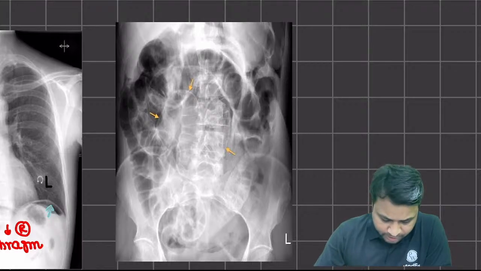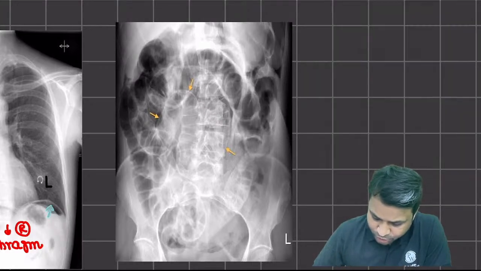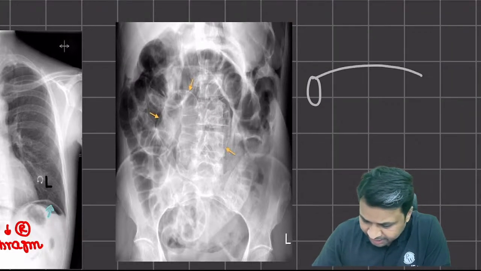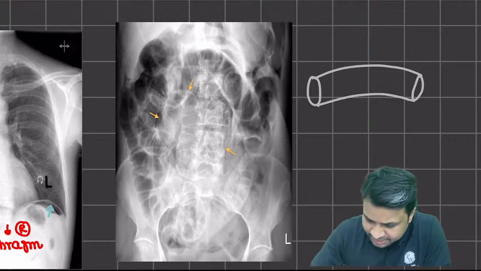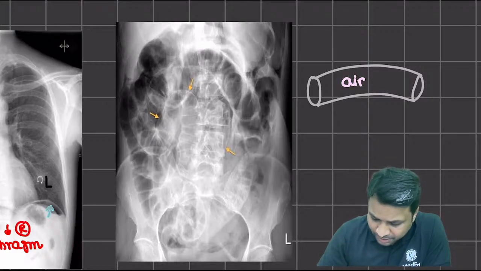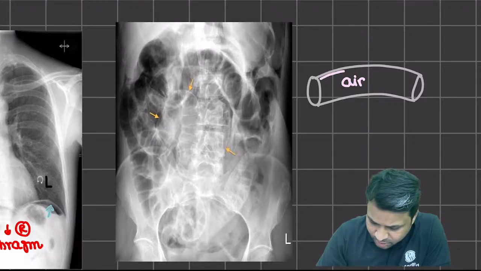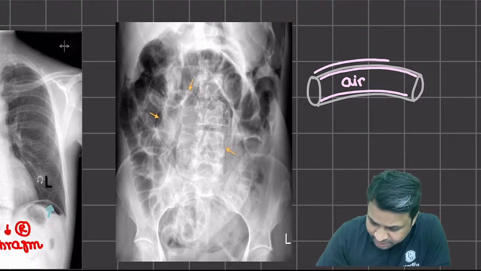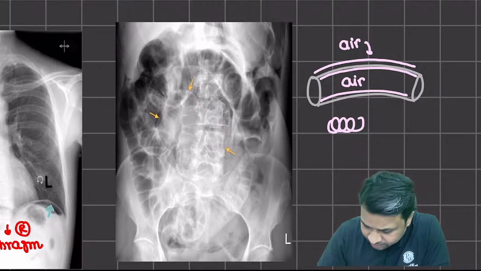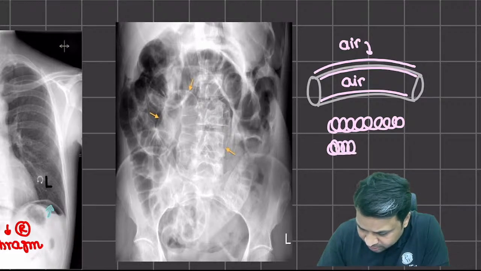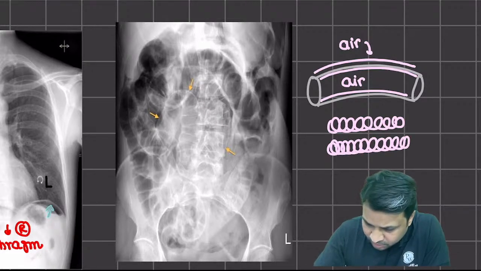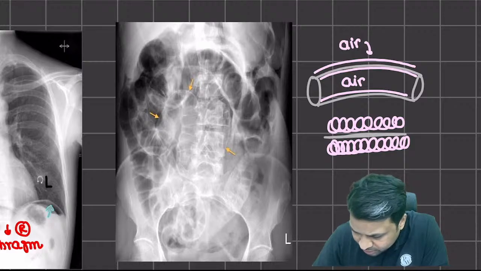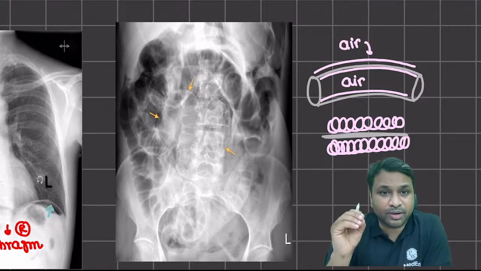Normally, if you take this as the representation of the bowel wall, the air is usually present inside this, right? So you can see air in the X-ray. So this part is actually visualized. But if the air leaks out and the air is present on the outer side also, so there is air on one side and air on the other side, and obviously there is something dividing these two, and that is the bowel wall.